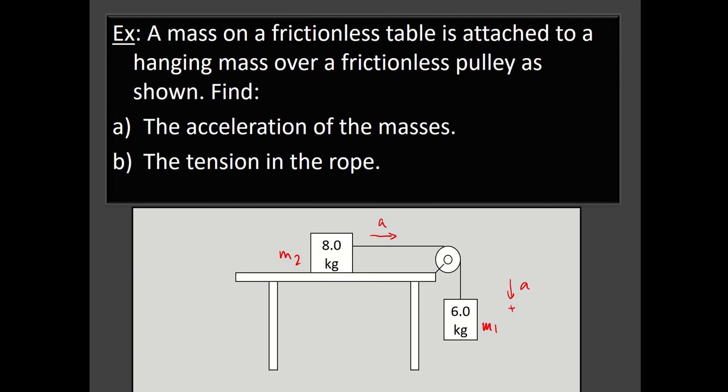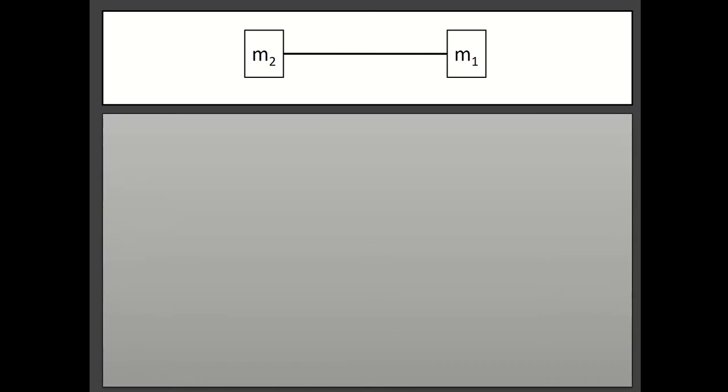Again, the first step is to find the acceleration of the masses. We're going to write the F-net equation for the system. All right, so here's our M1, which is 6.0 kilograms, and here's our M2, which is 8.0. The first step is to draw our forces on this.